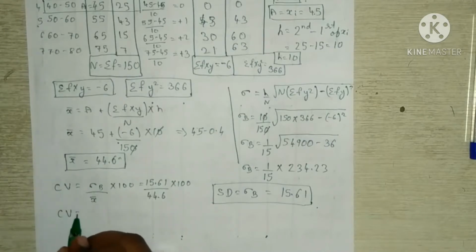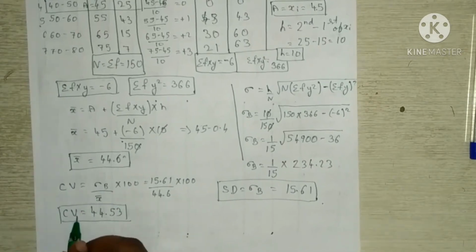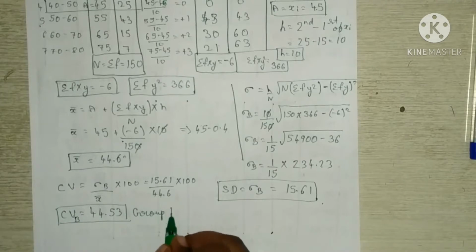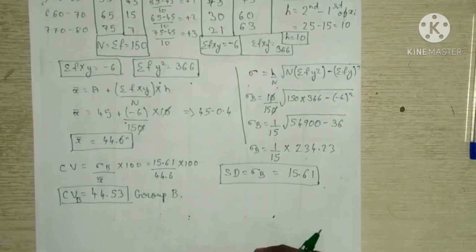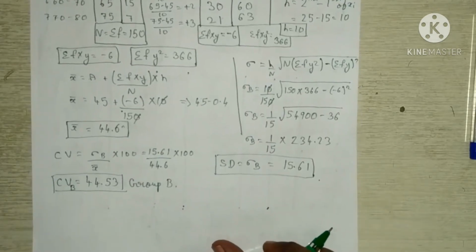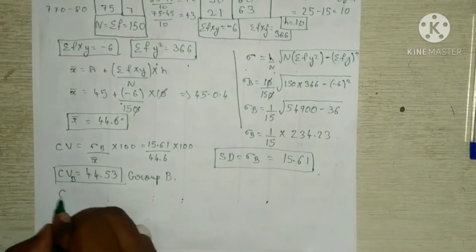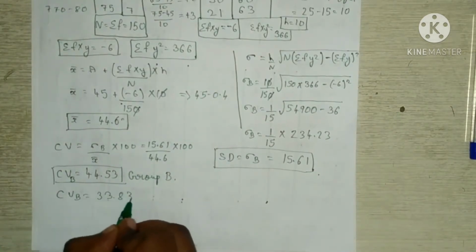By simplifying this, you get CV equal to 44.53. This is the coefficient of variation for group B. CV for group B is equal to 44.53. Next, CV for group A is equal to 33.83.